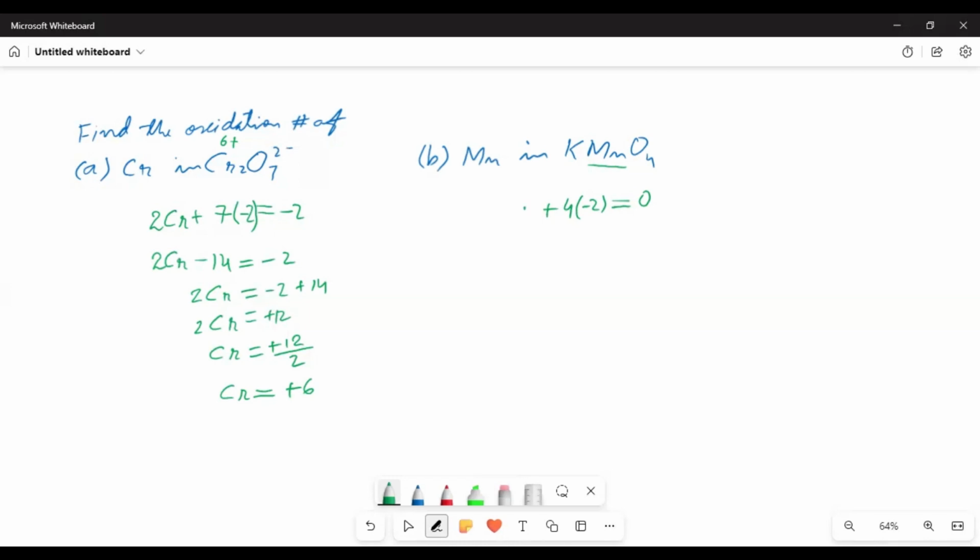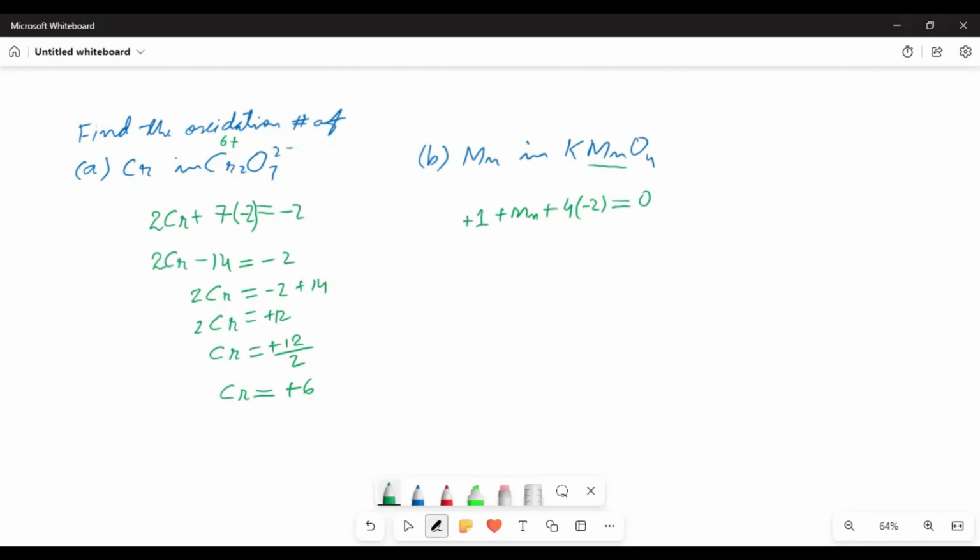And there is only one manganese, so it is written as it is. On the other side there is one potassium, and potassium has +1 charge.